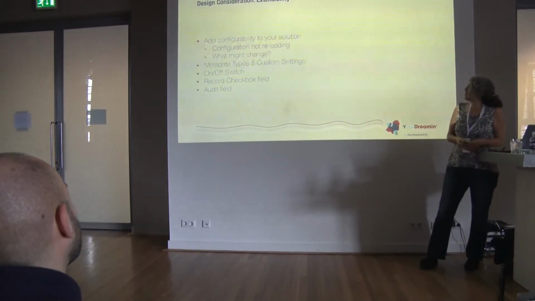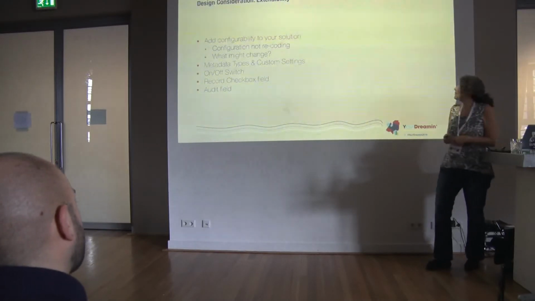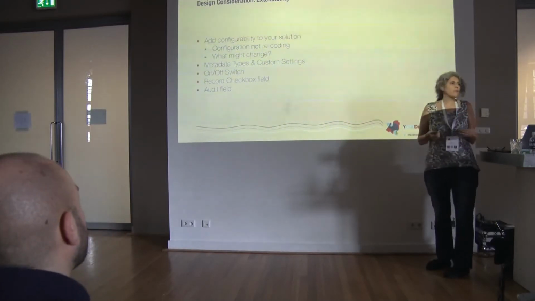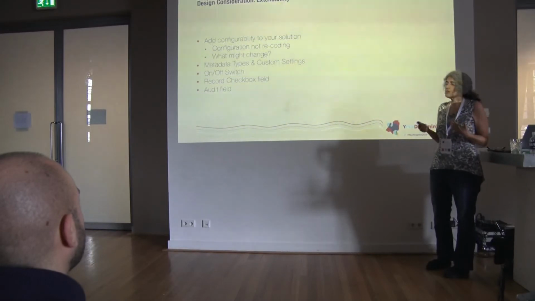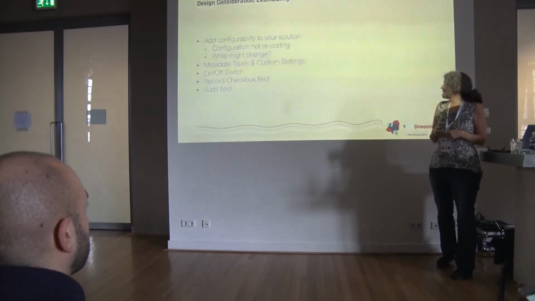So the next thing I want to think about is I want to build extensibility into my solution, right? I want to have configuration rather than recoding. So I want to think about anything that might change. One of the ways to do that is metadata or custom settings.